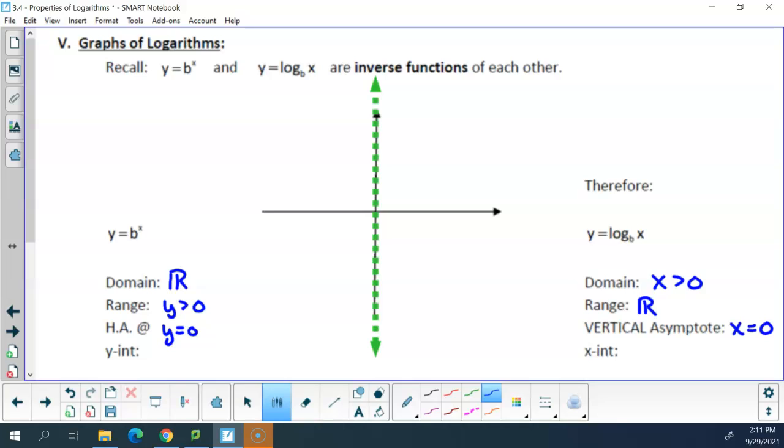We had a y-intercept here of, I plug in 0 and I get out 1. We can have an x-intercept here of, well, these two are going to flip-flop. So my x-intercept is going to be at 1, 0. Logarithmic function looks like that.